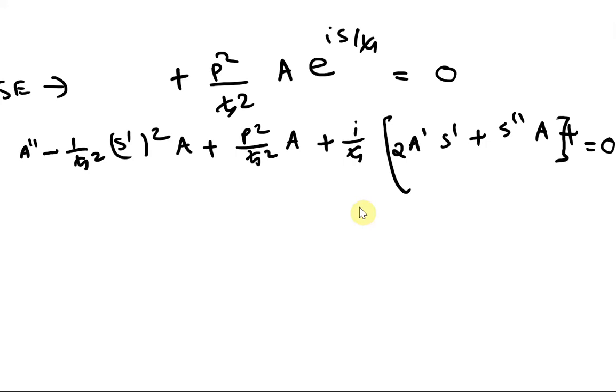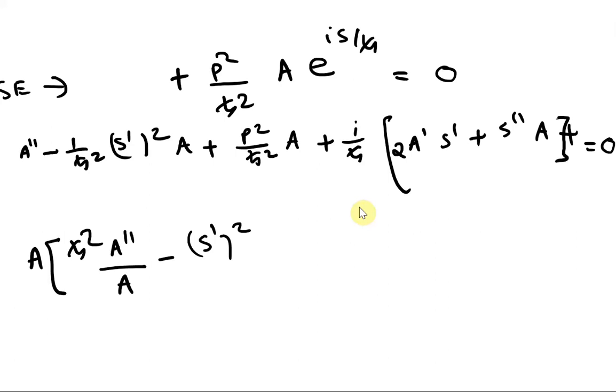So taking A outside from the first real part components and multiplying the entire equation with h cross square, this term will be having h cross square A double prime divided by A, say I have taken A outside, minus h cross square multiplied, so S prime square, that's it, plus p square, h cross square multiplied and A taken, so this is nothing but p square.